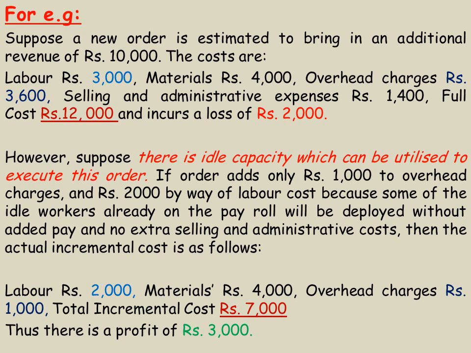Overhead charges, 1,000 rupees, because to produce extra they have to pay electricity bills and other expenses. Selling and administrative expenses, they need not pay, because the department is already there and ready to sell the product. Now the total incremental cost will be 7,000.